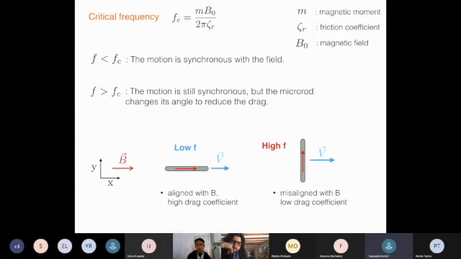This is magnetically favorable, but this configuration has a high drag coefficient. To reduce the drag coefficient, you can tilt the microrod and make it roll perpendicular to the field direction. This has a lower drag coefficient, but of course the misalignment with B will cost you magnetically. So you have these two configurations, but the motion in both is synchronous with the field.